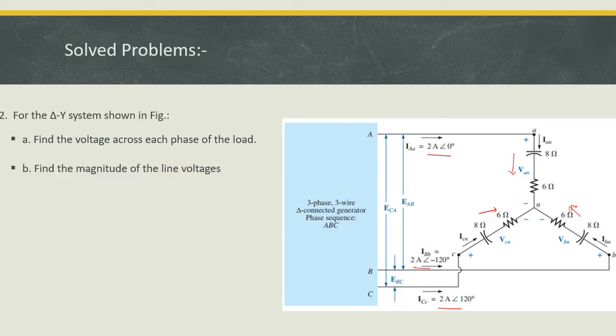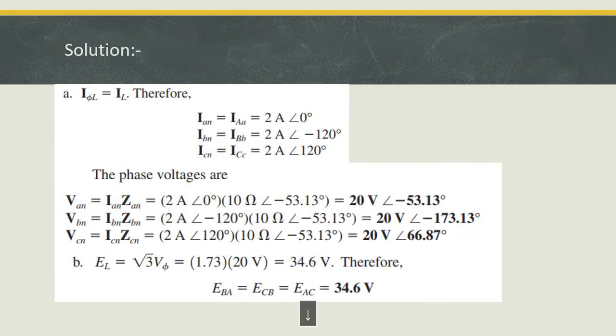Then we get the value of the phase voltages. Now this phase voltage is multiplied by root 3, then we get the value of the line voltages. Okay, so just see that. This is the concept I explained. The line current is equal to the phase current for the star connected load, so my phase currents are equal to 2 amperes.